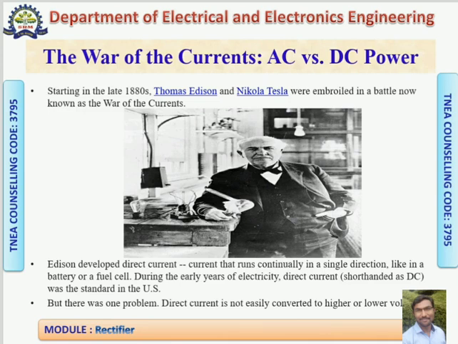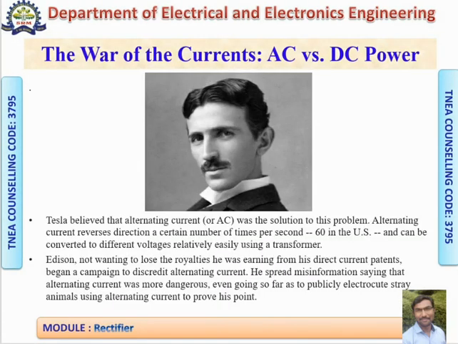Direct current is not easily converted into higher or lower voltage. Tesla identified this problem and believed that alternating current was a solution.